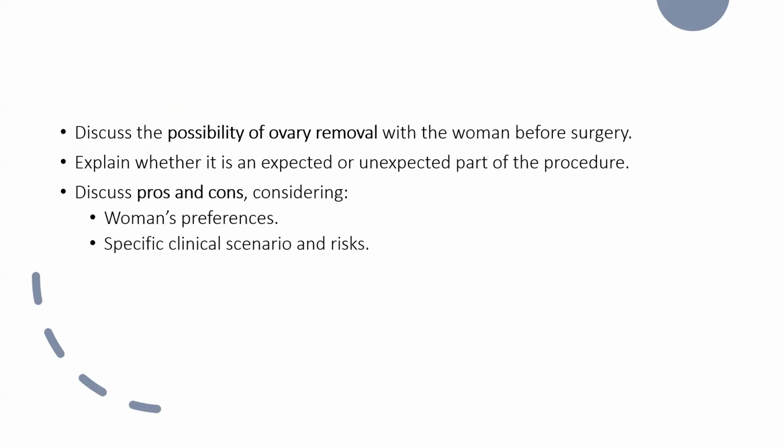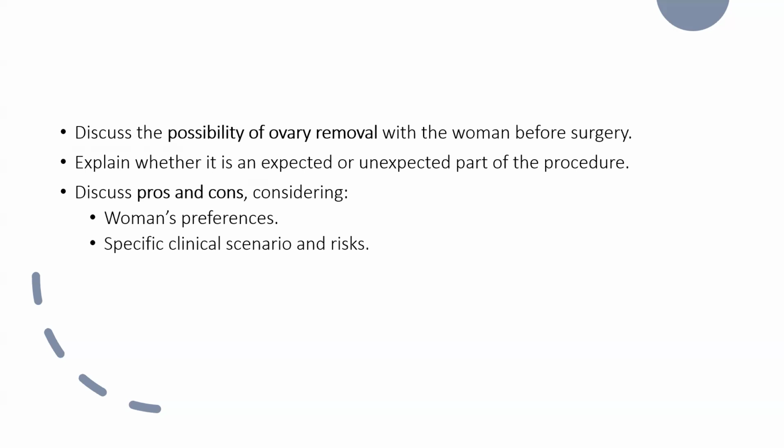Discuss the possibility of ovary removal with the woman before surgery, especially in women who have a family history of ovarian or breast carcinomas, or who have risk factors in their personal history for ovarian cancers, or if they are more than 45 years of age. It will depend upon the scenario of the patient.